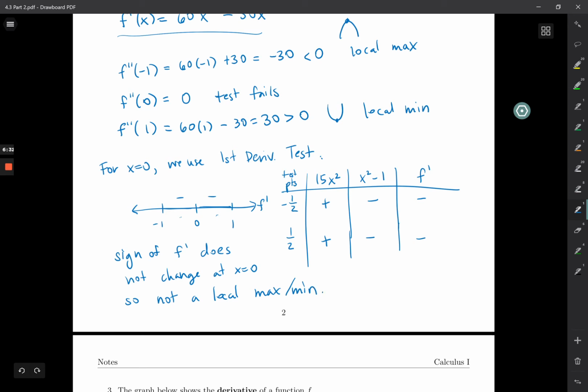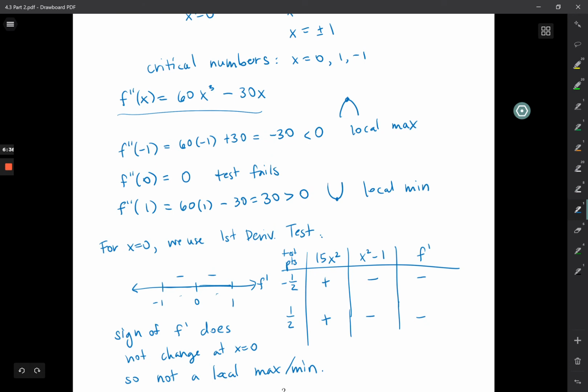So what we get is that we have a local max at -1, a local min at +1, and that is all. That is all of the relative extrema.